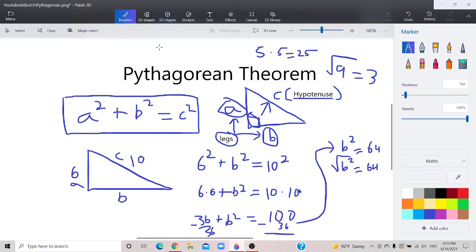Let's try 7 times 7. That equals 49. Because we're still a little short, we have to go one number up. So let's try 8. 8 times 8 is actually 64. So we know that B equals 8.